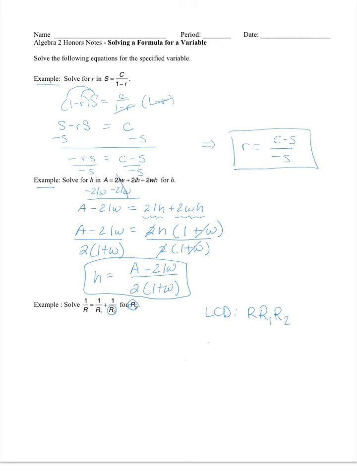Now, on the left-hand side, I'm going to multiply by r times r sub 1 times r sub 2. I'm going to multiply each term on the right-hand side by that least common denominator.